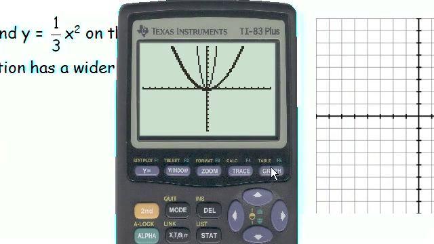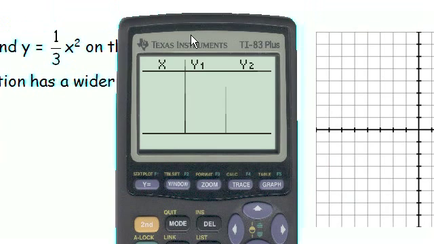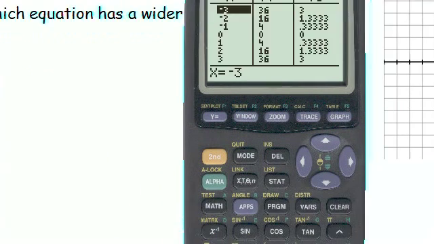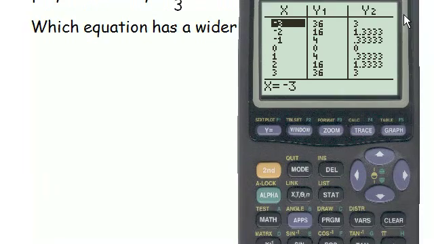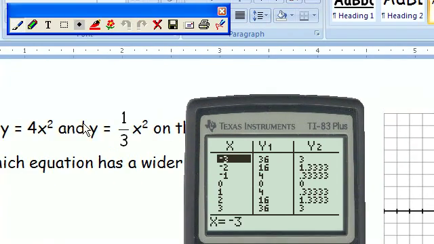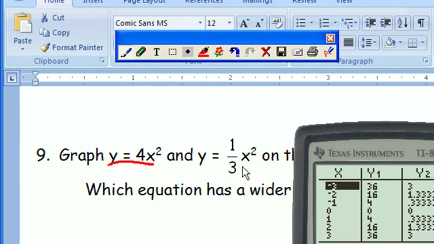So what I will do is bring up my table by pressing second graph. All right, so there's our table. So let's just graph some of these. I'll do this one in red, and I'll do the other one in blue.